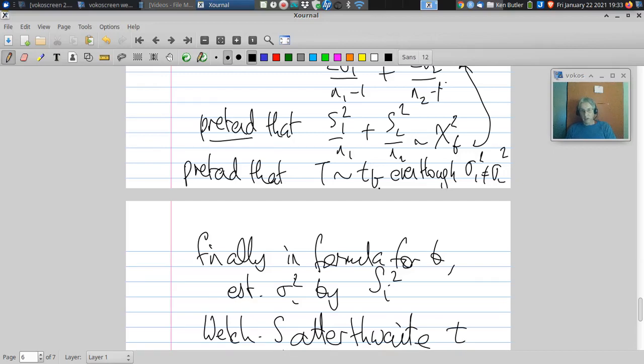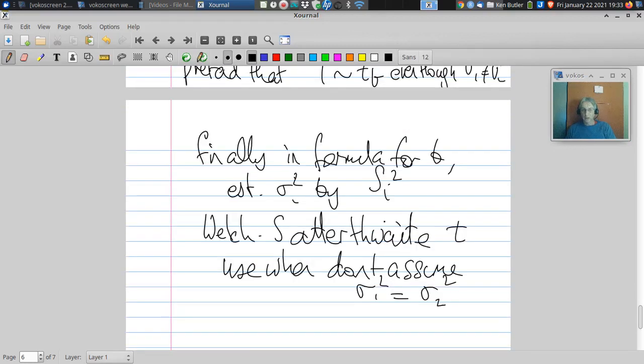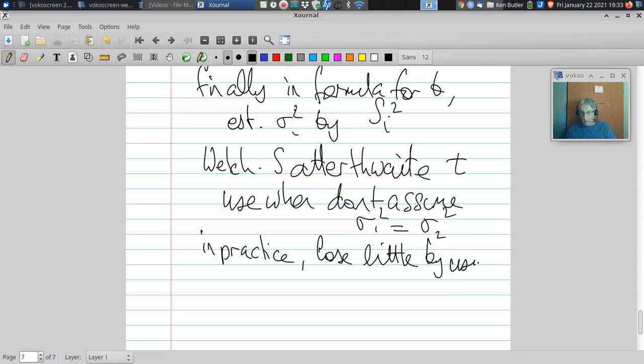So in practice, you might as well use this approximate t because you lose little. So let's write some of this down. You lose little by using this, even if those two variances are the same.